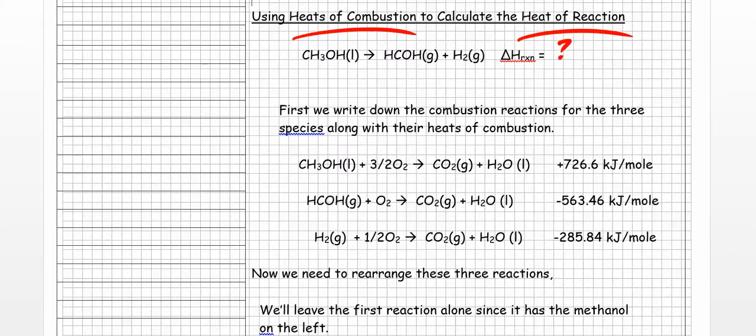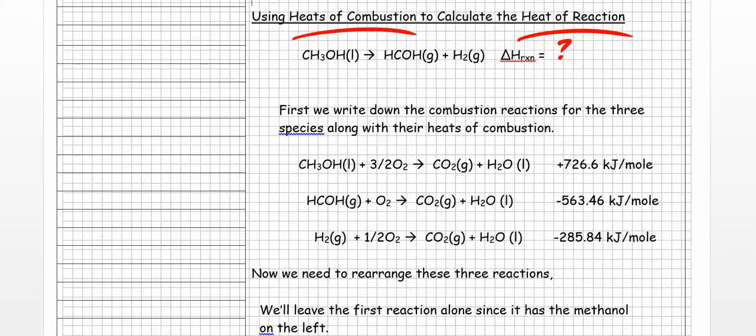In other words, these molecules were placed into a calorimeter and somebody determined what the delta H's were for these particular combustion reactions. So for CH3OH, in the presence of oxygen, the delta H was negative 726.6 kilojoules per mole of CH3OH. All right, so that's the left-hand side.